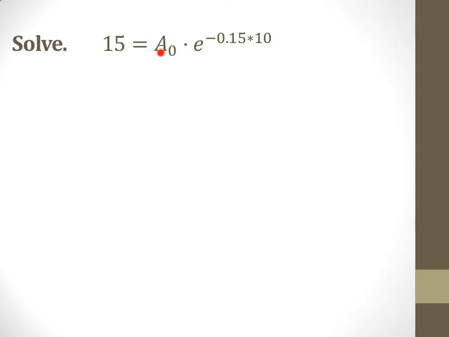Now, if we're decaying, this number should be bigger than 15 because over time we have less, hence the decay and that negative here. So let's go ahead and divide by this e. I know it looks really weird, but that is just a number. 0.15 times 10, that's really 1.5. Let's just make that 1.5.